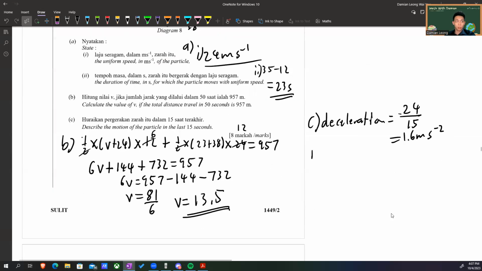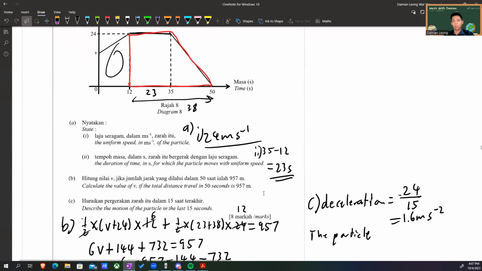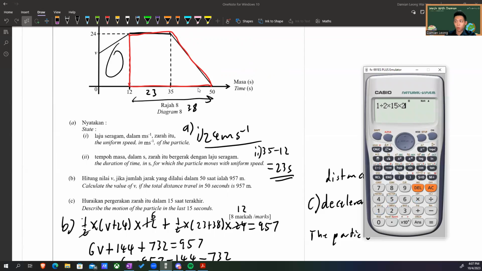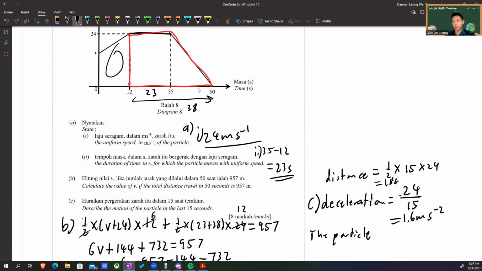So it means the particle decelerates, and I need to talk more about it. I have time, so I can get distance as well. I find distance, which is the area: half times base 15 times height 24. Half times 15 times 24 is 180 meters.